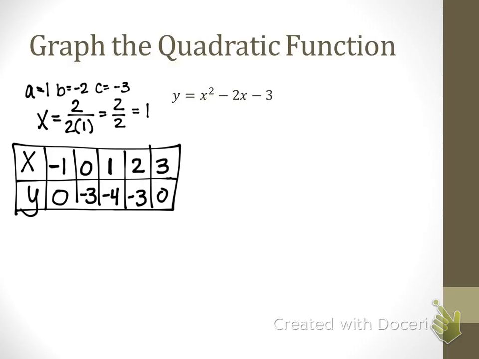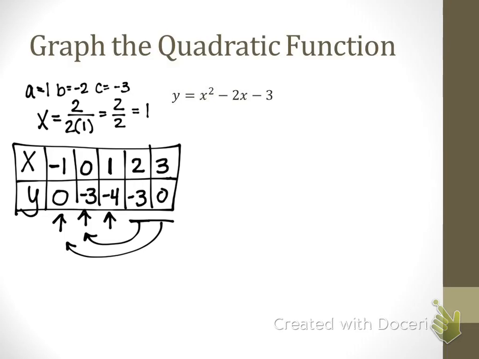Now look at this chart. I started plugging in the 1 and I got a 0. I plugged in 0 and I got a -3. Then I plugged in my vertex and I got -4. But what happened with these last 2 numbers? They were exact duplicates of what I had over here. And guess what?